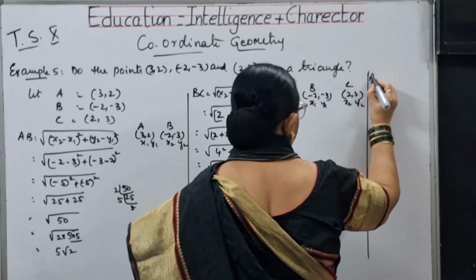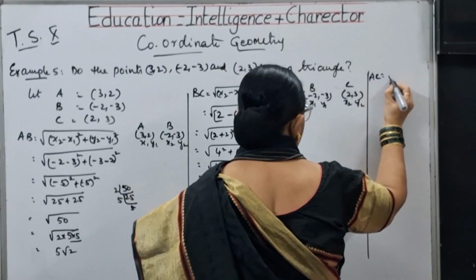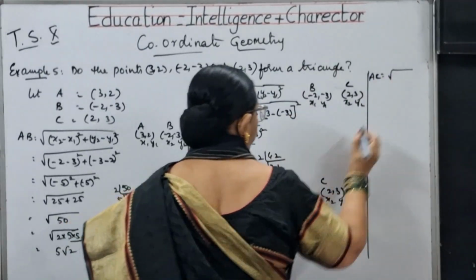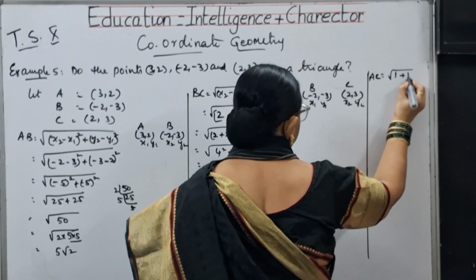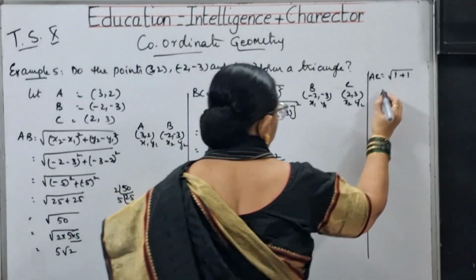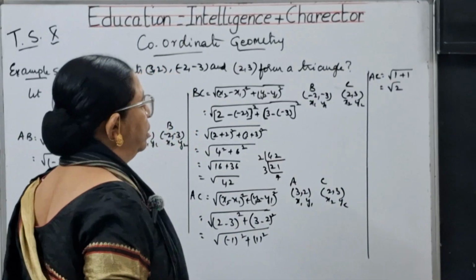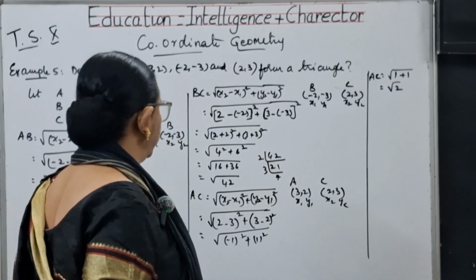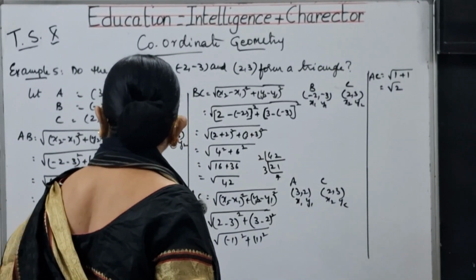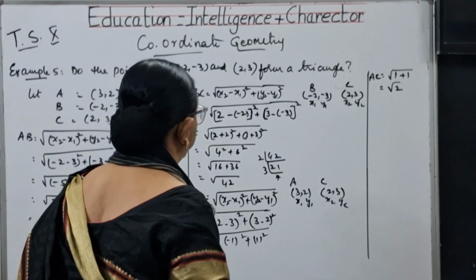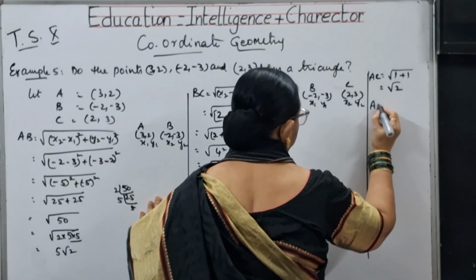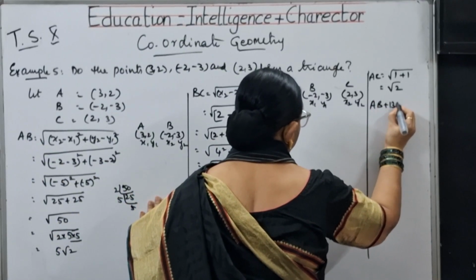AC is equal to root of (-1) whole square is 1 plus 1 whole square is 1. So how much are you getting? Root 2. Even for root 2, you cannot have any simplification. So let us see AB plus BC. What is AB plus BC?